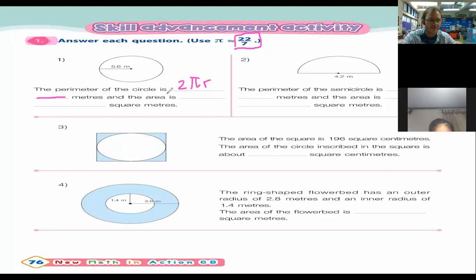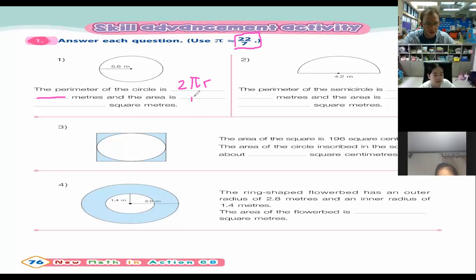And then the area: what is the formula for the area of a circle? Pi r squared. Excellent, thank you very much. These are the formulas we need to remember and the ones we are going to use. The next one, we have to do the exact same, but because we work only with a semicircle, not a full one, we have to divide all our answers by 2.